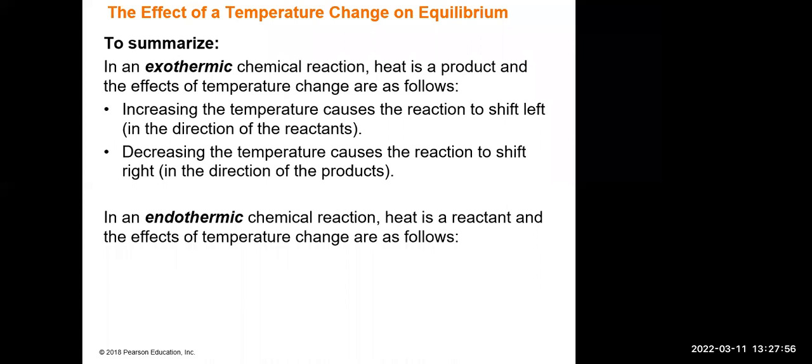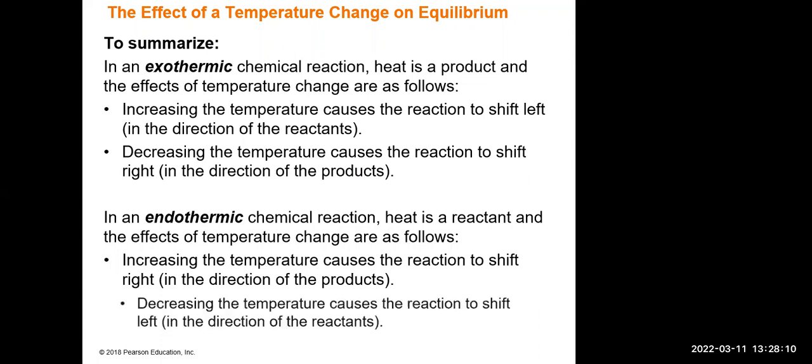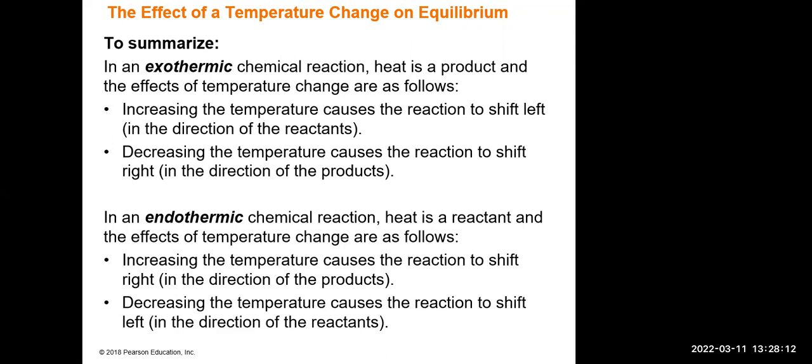In an endothermic chemical reaction, heat is a reactant, and the effects of temperature change are as follows. Increasing the temperature causes the reaction to shift right in the direction of the product. Decreasing the temperature causes the reaction to shift left in the direction of the reactant.